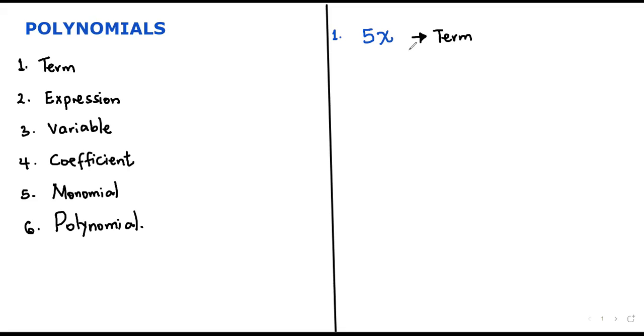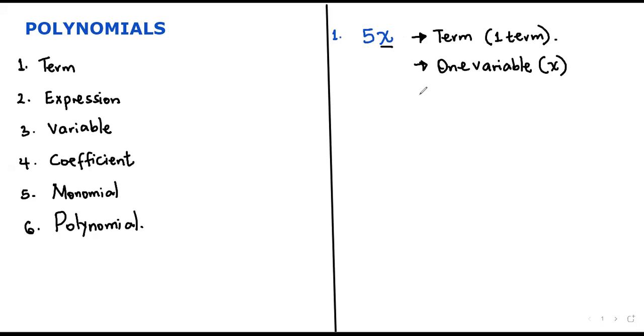This 5x is a term and it is actually one term. And in this term, we have one variable. And this variable is x. This x, we call it the variable.